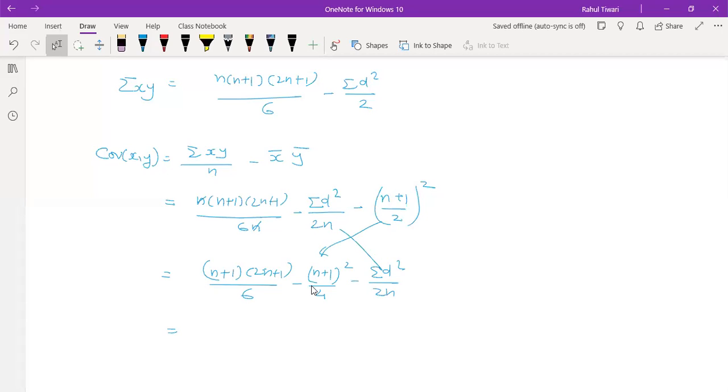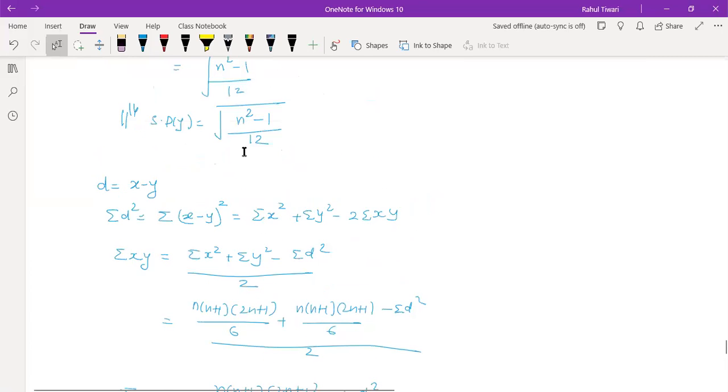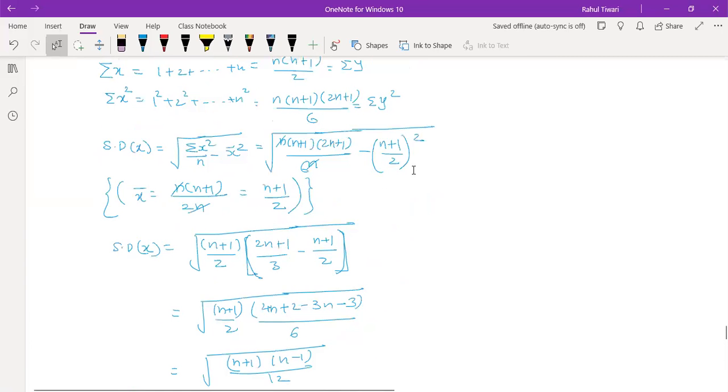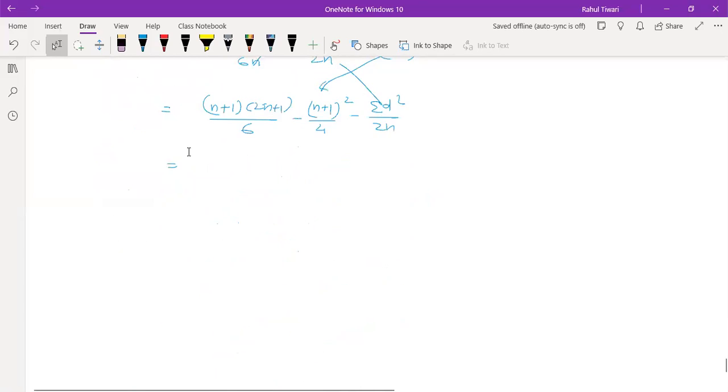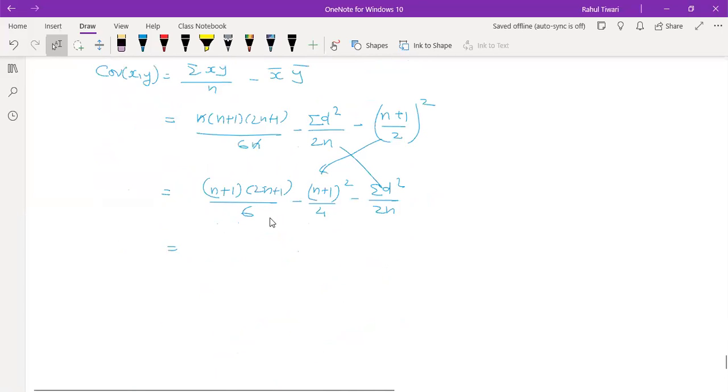So just look, this is exactly the same as we did here. You remember? This is exactly the same expression we have solved there, correct? So when you simplify this particular statement, it comes out to be n square minus 1 upon 12 minus summation d square upon 2n. So we got this is the covariance.